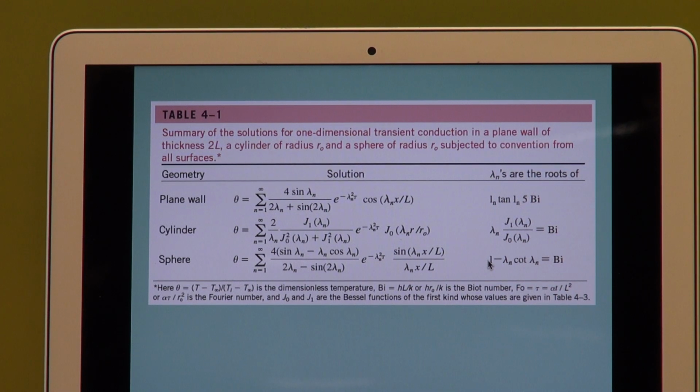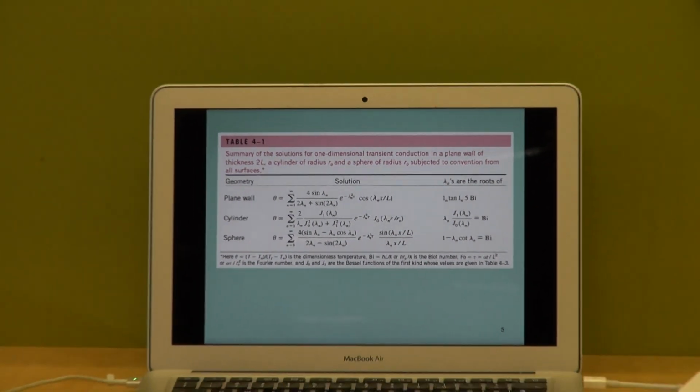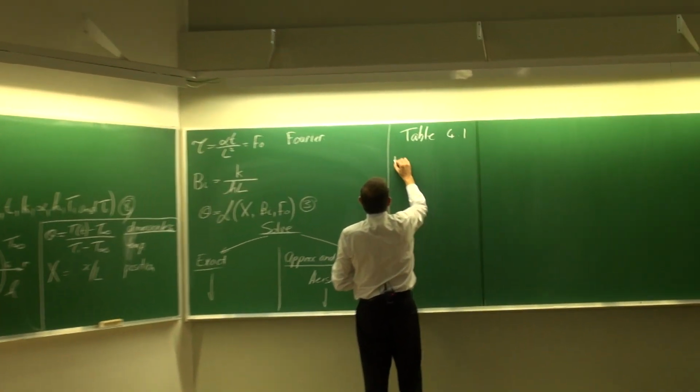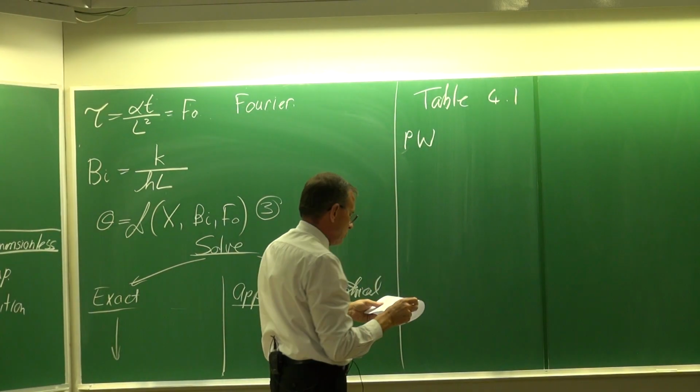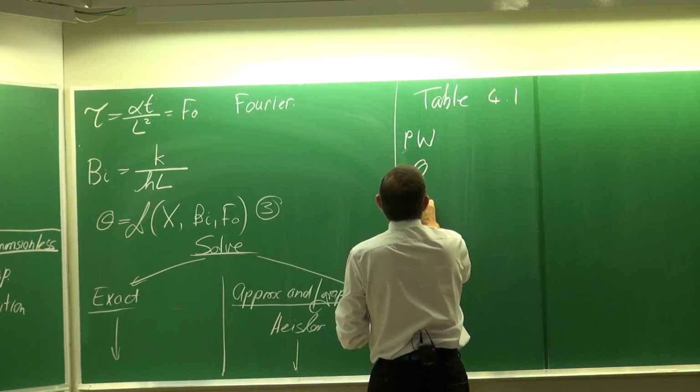So they are different. Let's look, for example, at the one for the plane wall. Table 4.1 shows the solution for the plane wall, the cylinder, as well as the sphere.